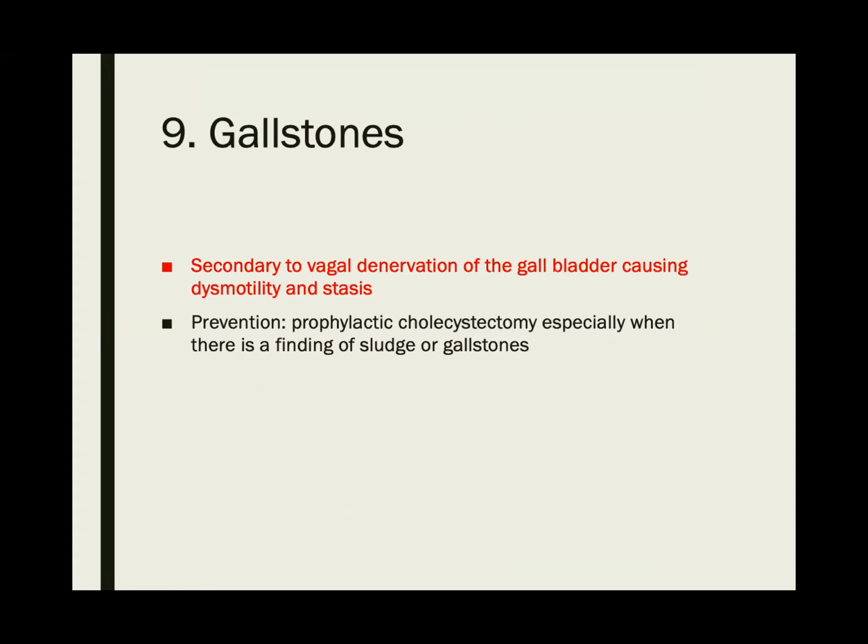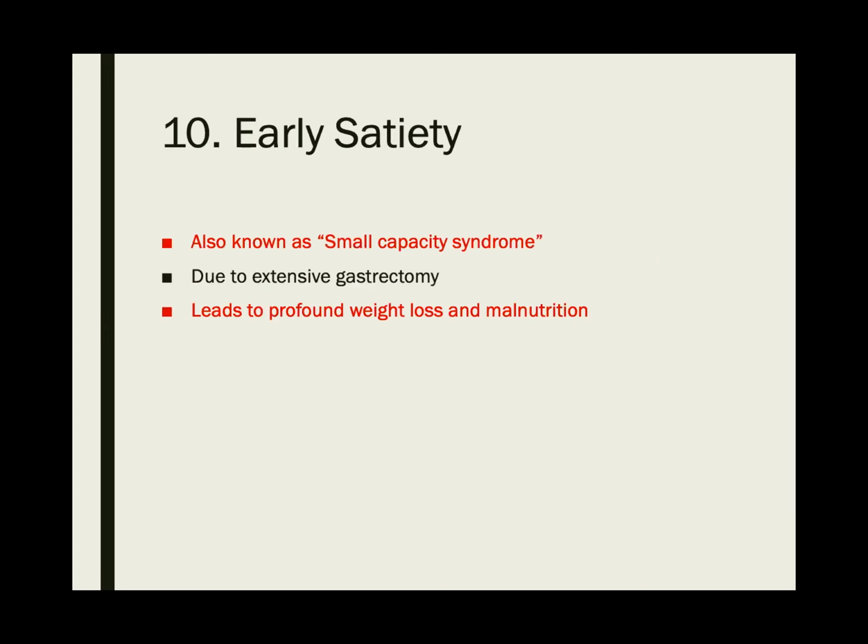So gallstones are secondary to vagal denervation of the gallbladder, so it would cause stasis and development of gallstones. Early satiety is related to losing a high volume of the stomach, as in gastric sleeves and Roux-en-Y.